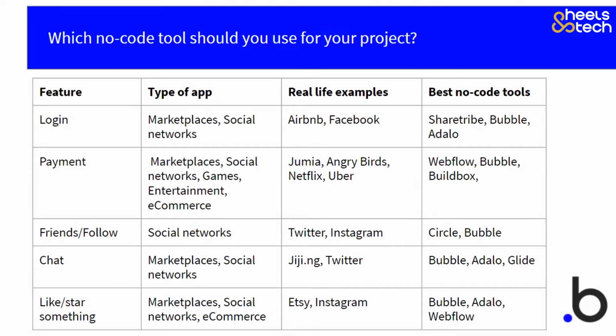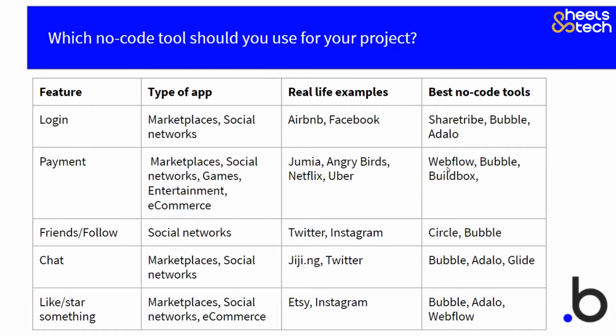Or a game app or a social network or marketplace. These are examples of those. Candix, Uber. These apps are built also with Bubble. It's possible to build them for apps that are for gaming. So you want to build a game, right, without writing code. You use Buildbox for that.